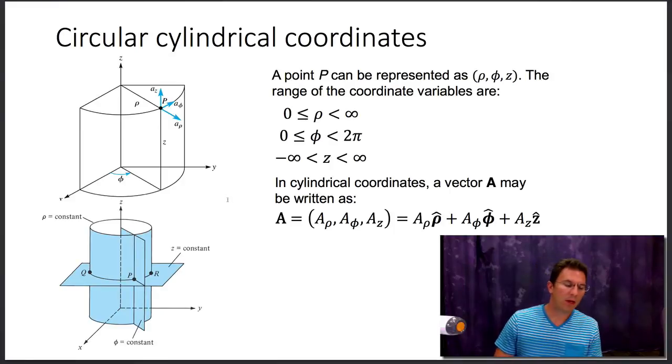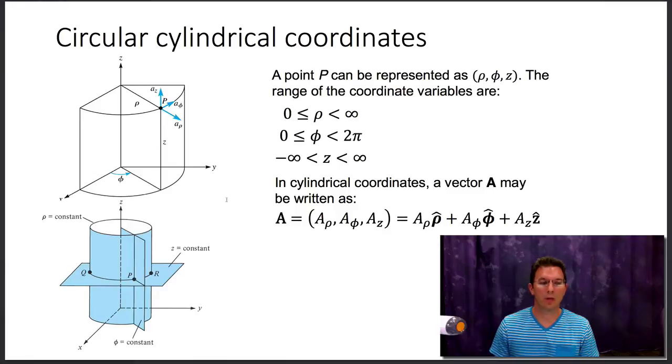We have some different constant coordinate surfaces here than we did in Cartesian coordinates. If you'll notice, this cylindrical surface here, like the surface of a pop can, is the rho equals some constant surface. So anywhere along this surface, the rho coordinate is the same. It's 3, it's 2, it's 1, it's something like that.